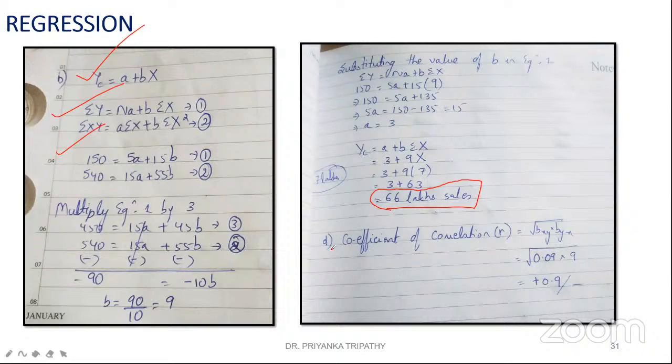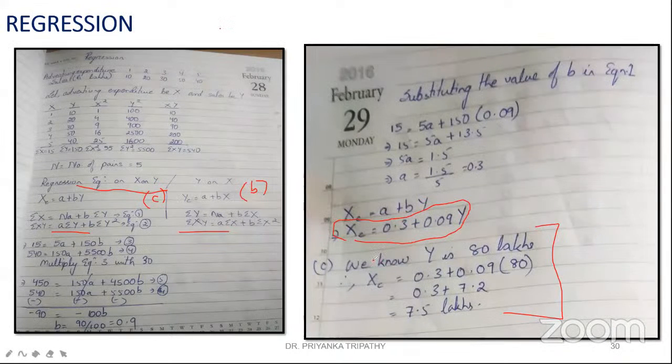Now, in order to find out the coefficient of correlation, I will find out BXY and BYX. This is the Y on X value, BYX. The value is 9. And this is BXY.